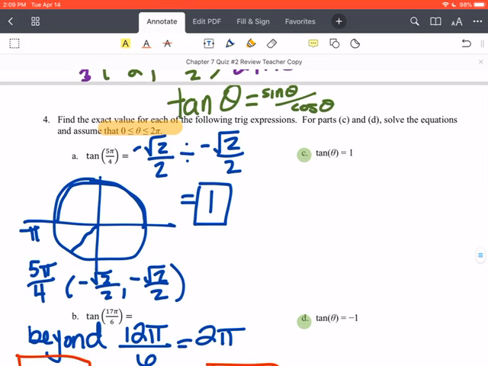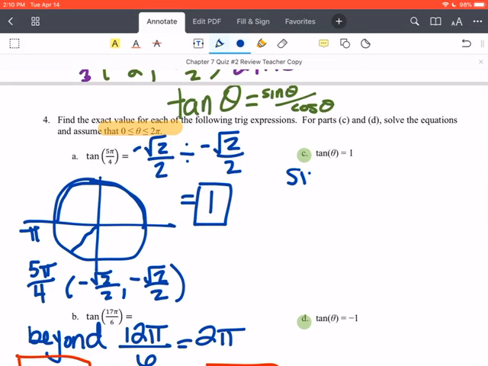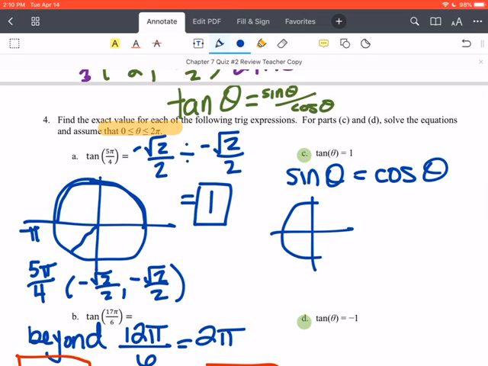So when we're thinking about the tangent of an angle being 1, okay, automatically this is referencing that you know that the sine of theta must equal the cosine of theta because that's the only way to divide two things and get 1. So where is the sine of theta equal to the cosine of theta? It's going to be in the first quadrant at pi over 4, root 2 over 2, root 2 over 2.